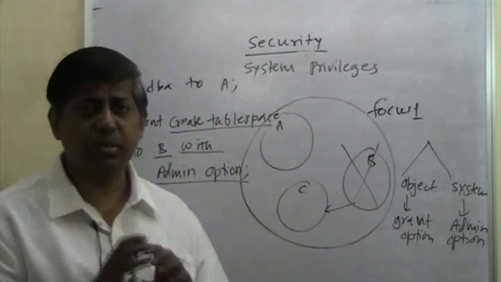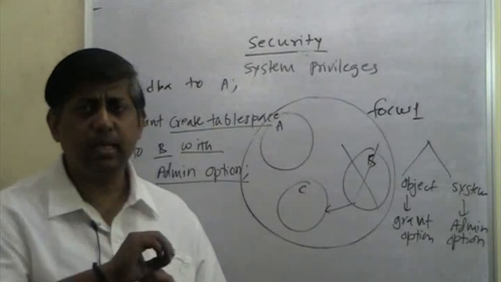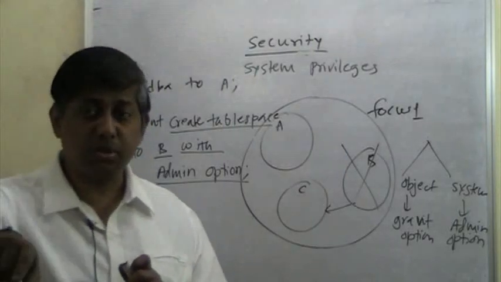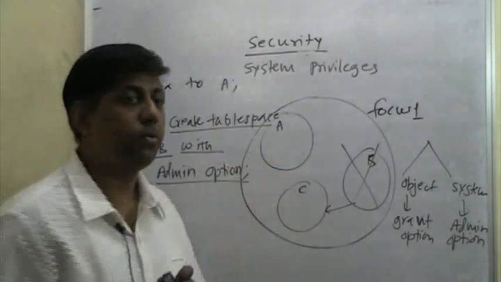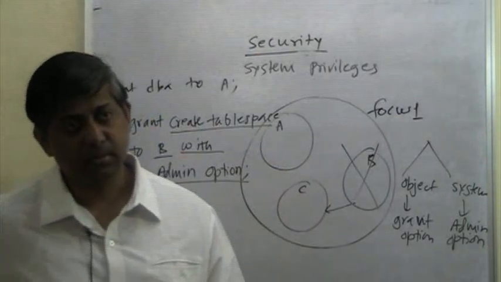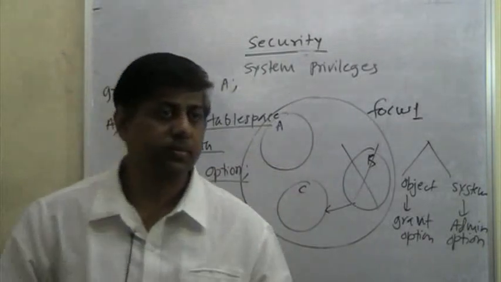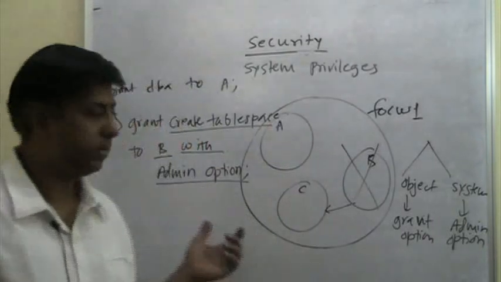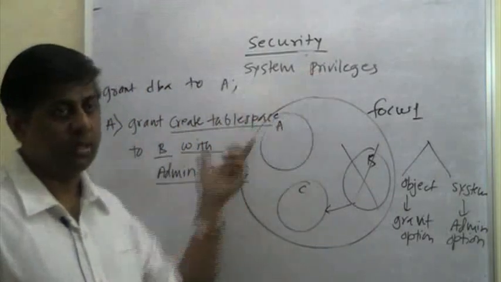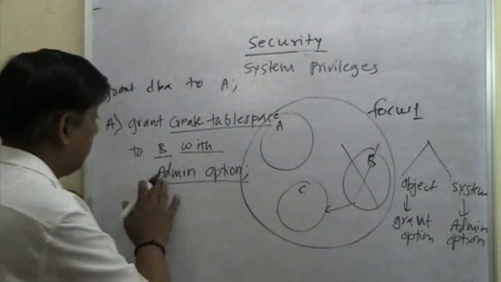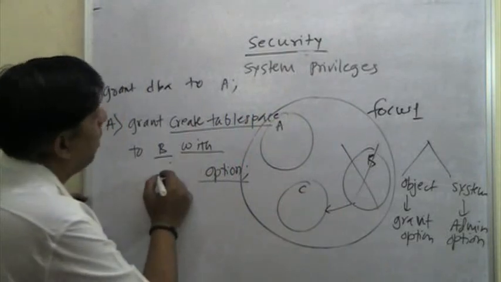No. Admin option means it's a simple thing that any system privilege which is granted to this person with the admin option, he will be able to grant that to another user. System privileges, all other, like create, insert, read, all the privileges. Those are system privileges. They should be granted with the admin option. Here it is wrong to type grant option.